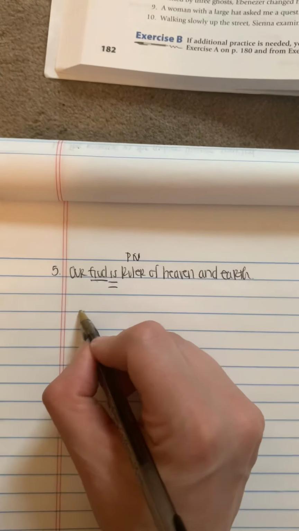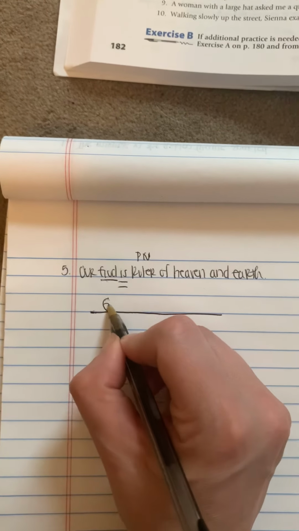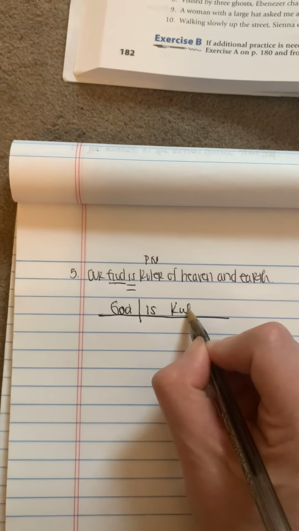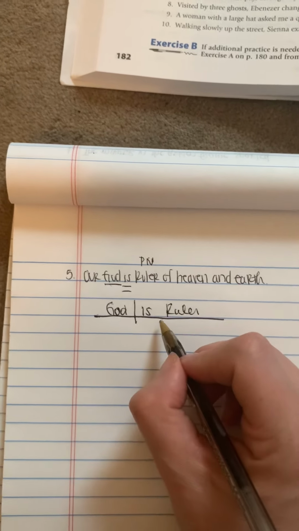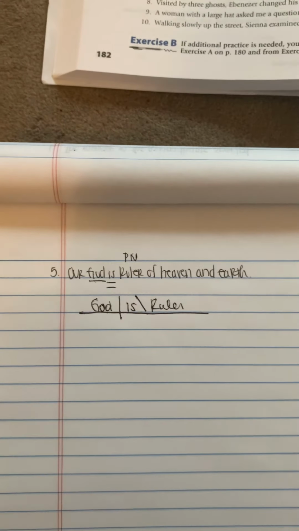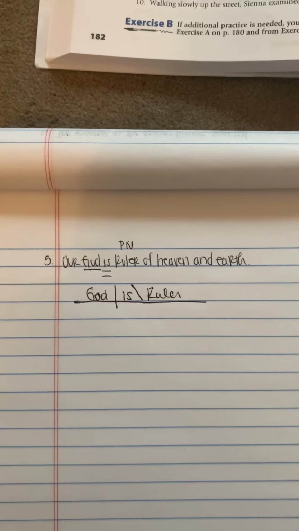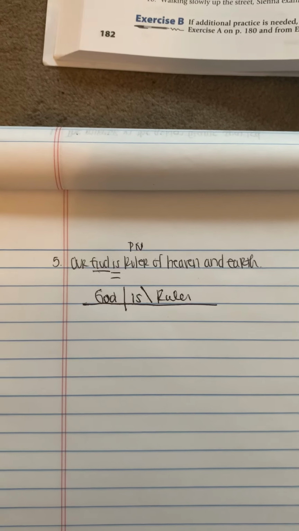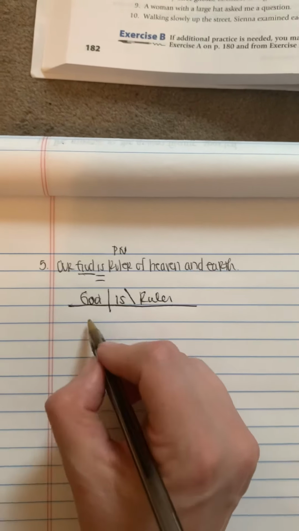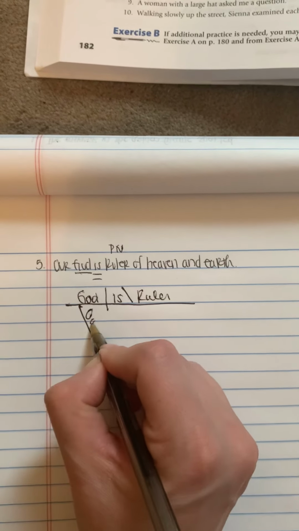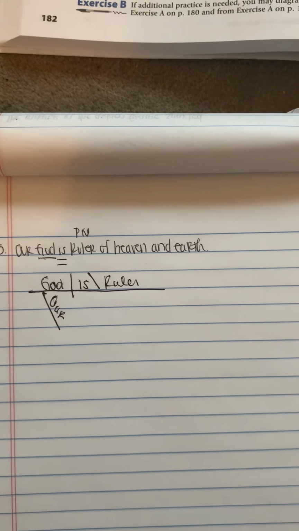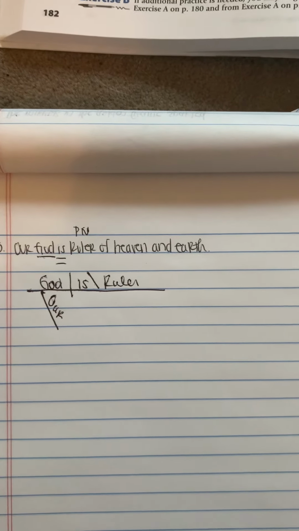All right, let's diagram. Subject first, verb next, predicate nominative. So what kind of line do I need here now? That's right, slanted. All right, everything else underneath it goes. So our is telling you whose ruler. God. Make sure you capitalized. And then we have of heaven and earth. Prepositional phrase.